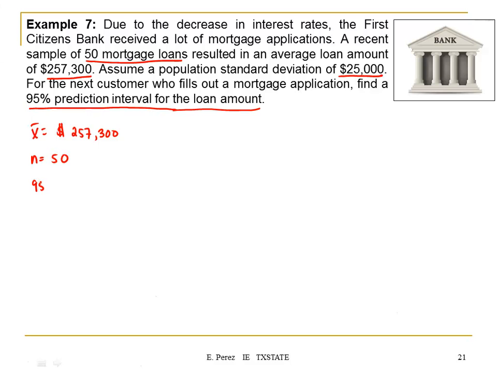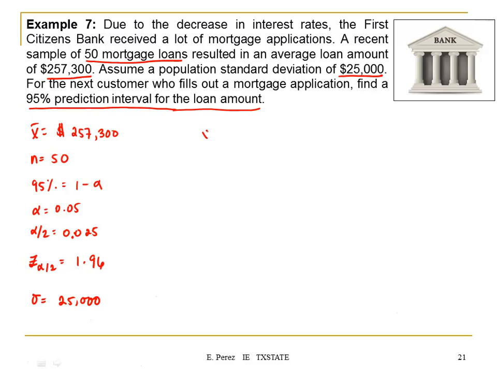We are looking for a 95% confidence interval, so the value of alpha is 0.05, so alpha half will be equal to 0.025, and the value of z for that alpha will be equal to 1.96. We also have the value of sigma, which is 25,000. All that information is provided by the problem.